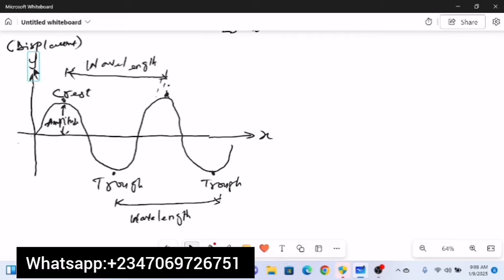The first term there is the displacement, followed by the amplitude, wavelength, crest, and troughs. So the first term we are going to be talking about is a cycle.